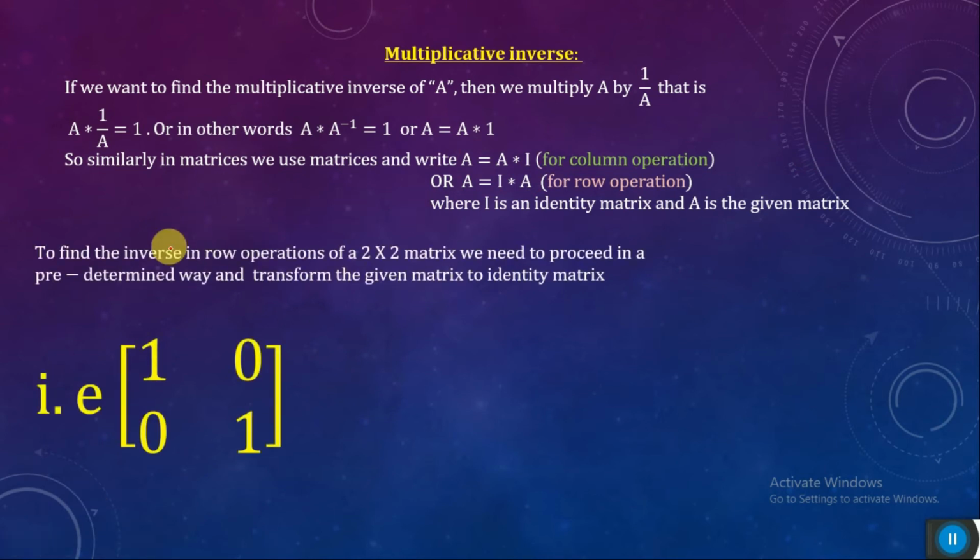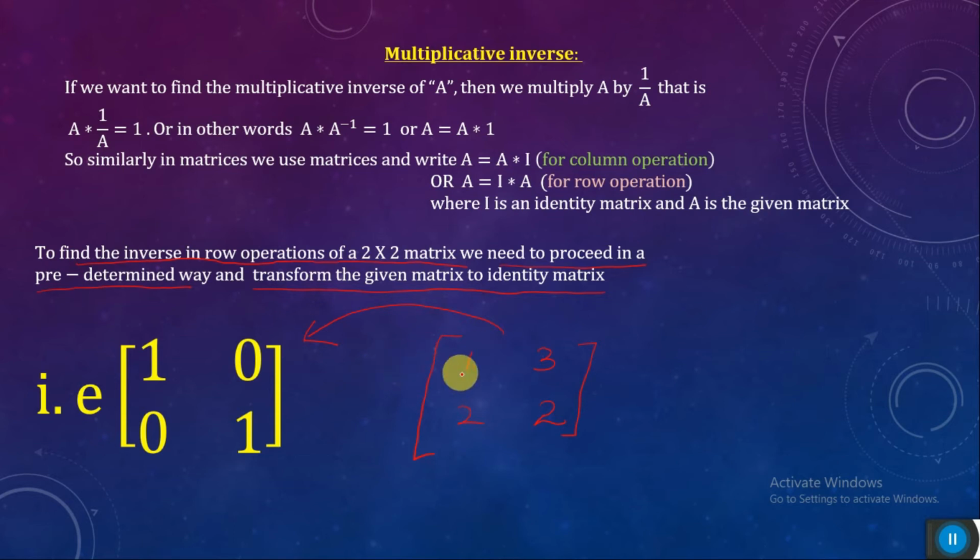Now see, if we want to find the inverse using row operation for a 2 by 2 matrix, we need to proceed in a predetermined way and transform the given matrix to an identity matrix. This is the given matrix, 1 3 2 2. So this matrix has to be changed into identity matrix, but in a predetermined way.